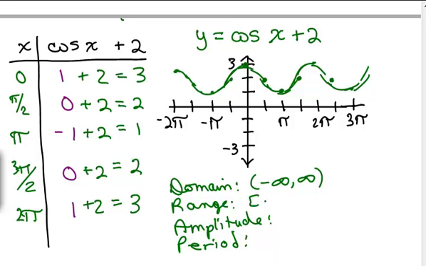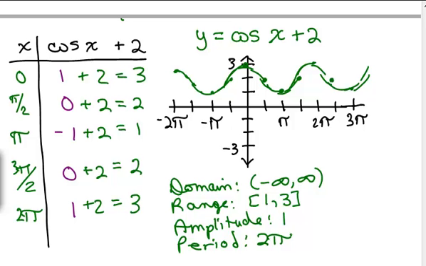So it's between 1 and 3. The amplitude is half the height. So for instance, if the range is 1 to 3, that's a height of 2, half of that is 1. Or remember, it's just the absolute value of the coefficient of cosine of x, so it's going to be 1. And the period is 2 pi.